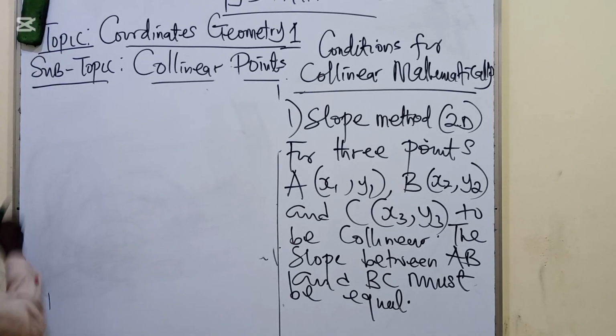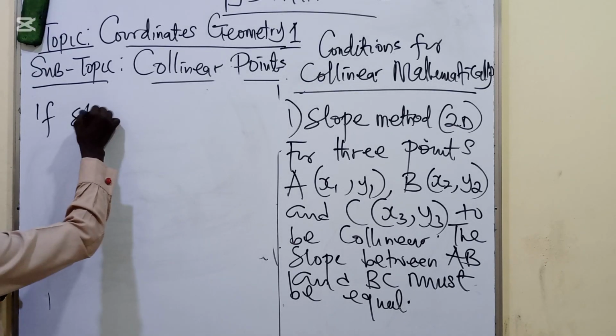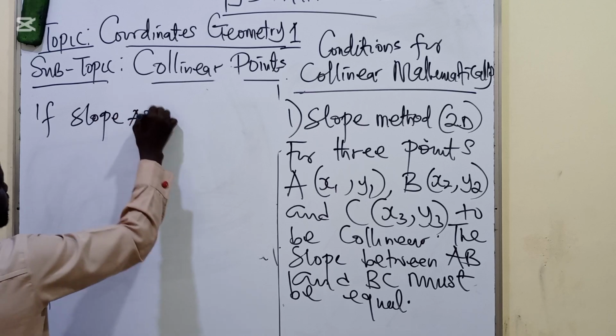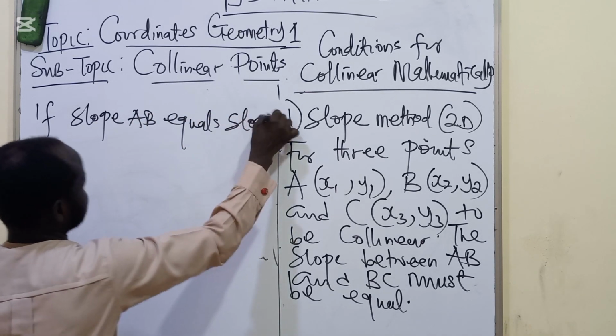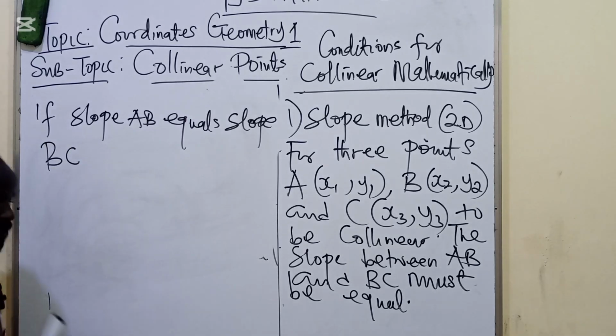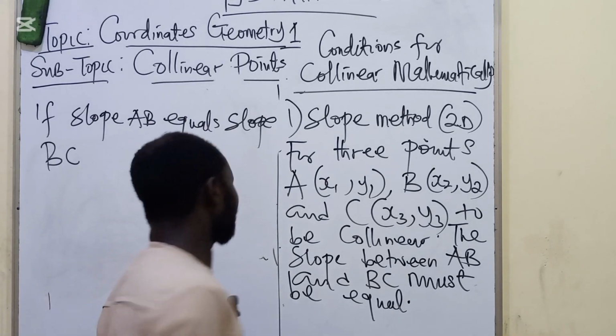So it means if slope AB equals slope BC, then the collinear point will occur.